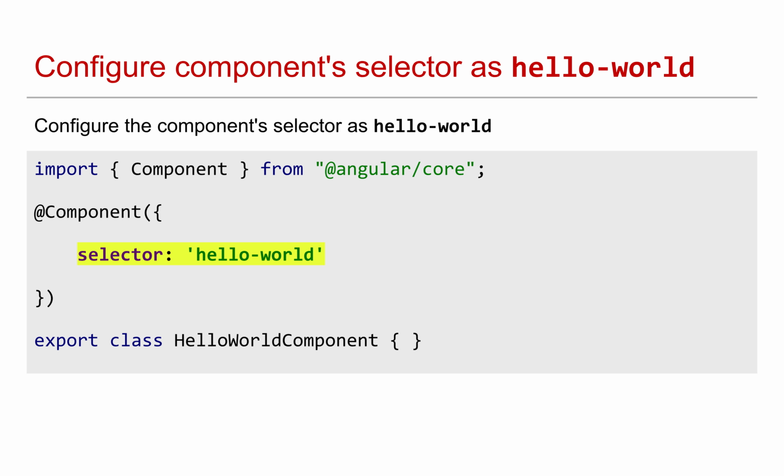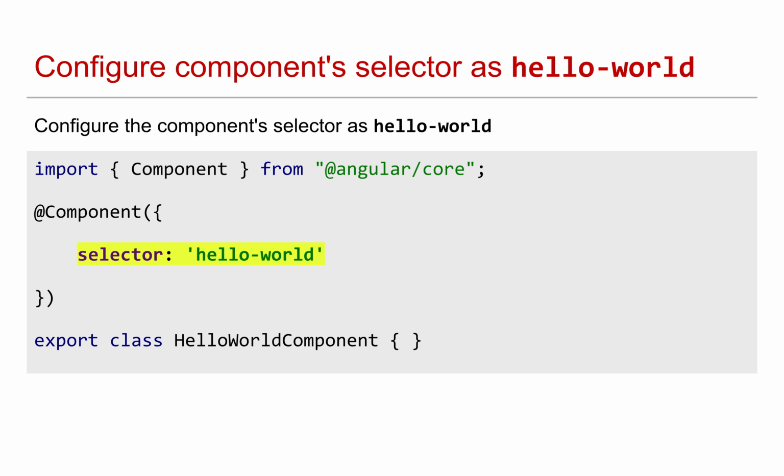Here you override it as a configuration object inside the component. So if you want to render whatever this component represents, you would use less than and greater than and that tag name.